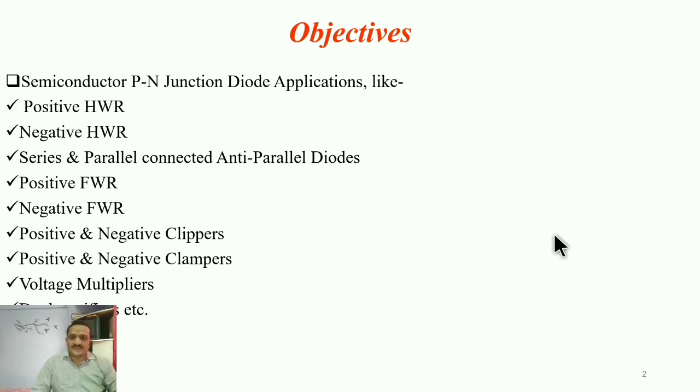Now the objectives of this lecture are semiconductor diode applications, which you already know, like half wave rectifier, full wave rectifier, and diodes connected in series, in parallel, or anti-parallel. Positive half wave rectifier, negative half wave rectifier, then clippers, clampers, voltage multipliers, and dual rectifiers.